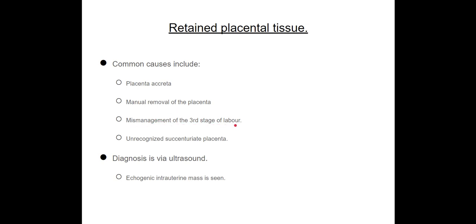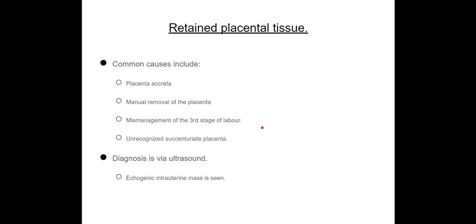If the third stage of labor is not properly managed, so the components of active management of third stage of labor include: one, the administration of uterotonic agents once the anterior shoulder of the baby is delivered. Two, the use of controlled cord traction to deliver the placenta.